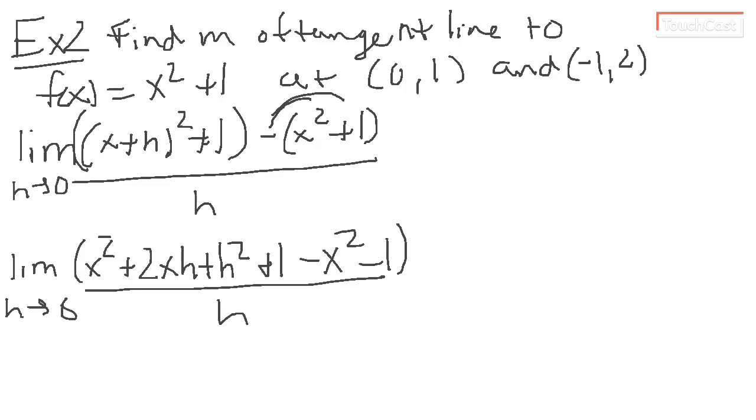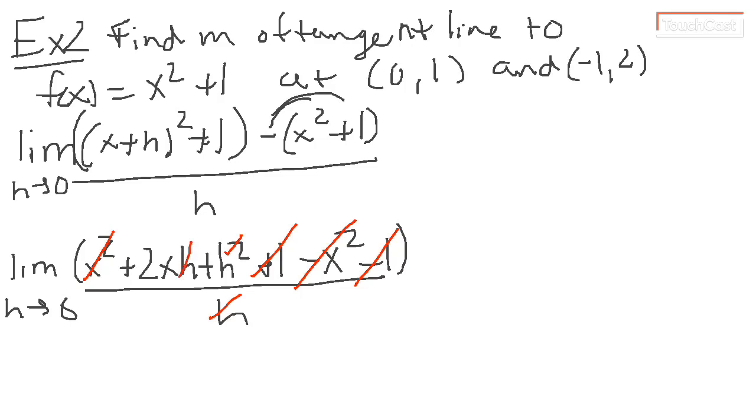And now I'm going to start looking at what I can cancel out. In my numerator I have an x squared and a minus x squared, so they cancel each other out. I've also got a 1 and a minus 1, which cancel each other out. And with what I'm left with, the terms in my numerator and the term in my denominator all happen to have an h, so I can cancel out one of those h's.